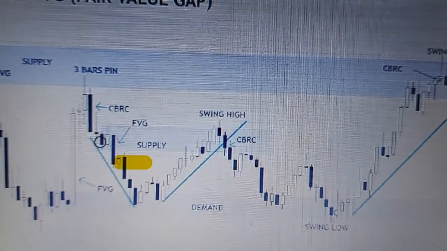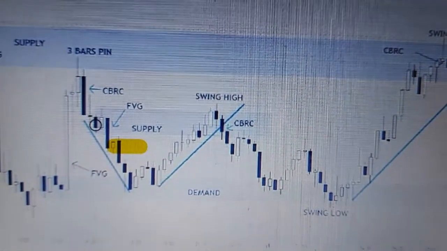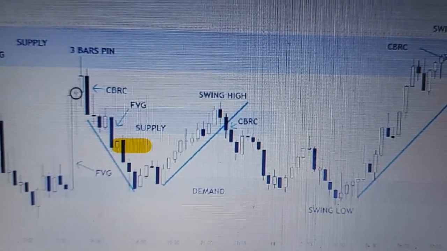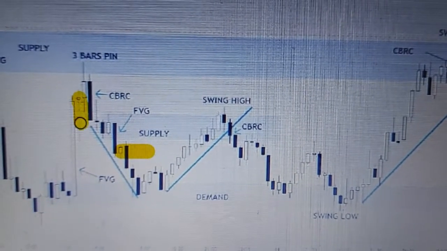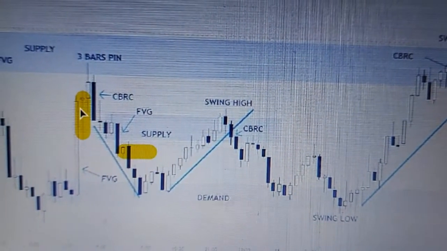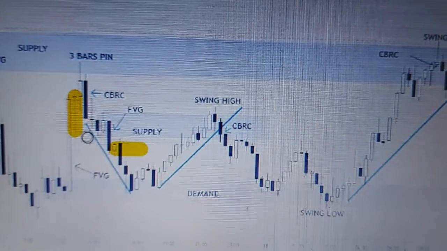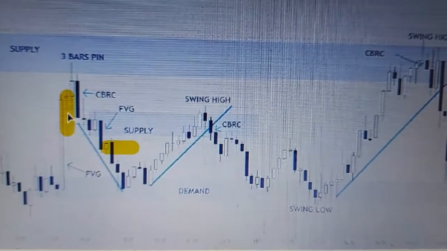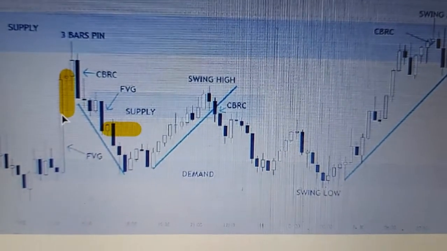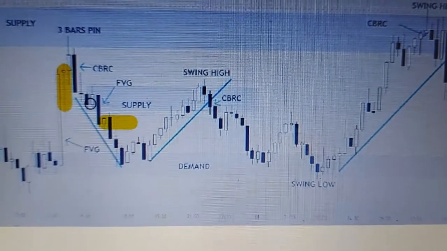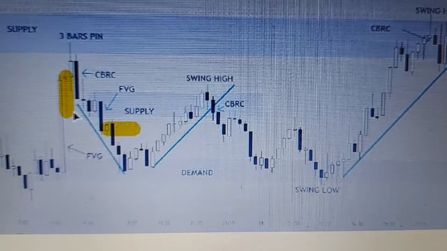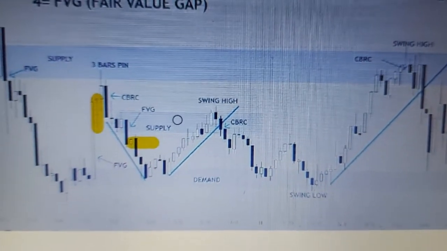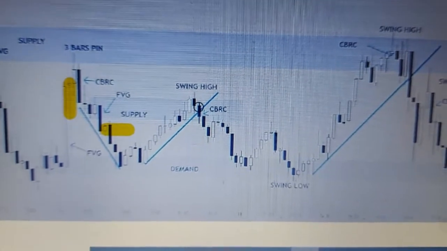Another thing is the previous rejection candle here. It made a move down, but it was a good rejection because it was not happy to go down more and made a move to the upside, so it was a rejection bar to the downside. You can see this level is almost at the same level as this candle. That's why I have selected this area as a supply zone.